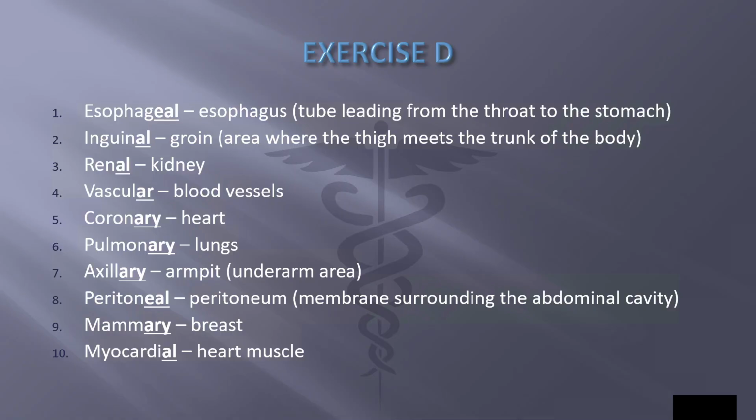Number 9, mammary. The suffix ARY means pertaining to, and mammary has to do with the breast. And then number 10, myocardial. The suffix meaning pertaining to here is the letters AL, and myocardial refers to the heart muscle.